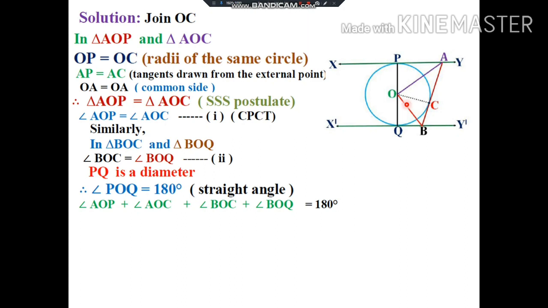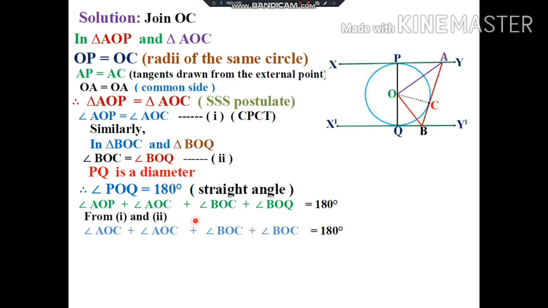Add all the 4 angles to be equal to 180 degree. Now you know that these two angles are equal, and these two angles are equal. Instead of writing all the 4 angles, you can write this angle 2 times and also this angle 2 times.